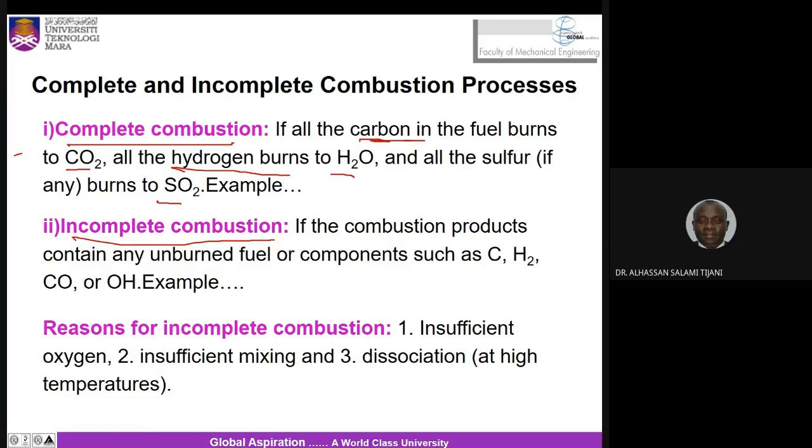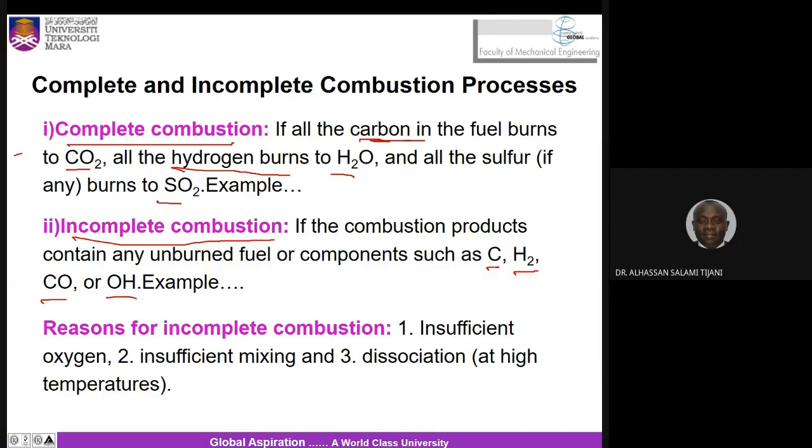What are the conditions that give you an idea that the particular combustion is incomplete? When you have carbon in the product, hydrogen in the product, and carbon monoxide or hydrogen peroxide in the product, then this is an indication that the combustion is incomplete.